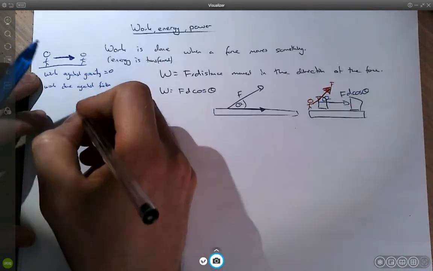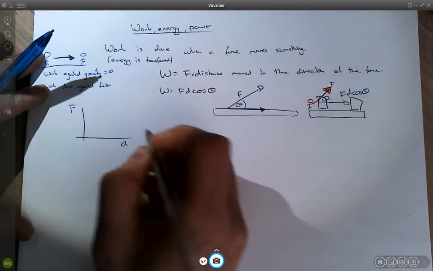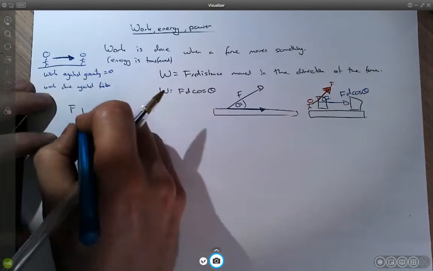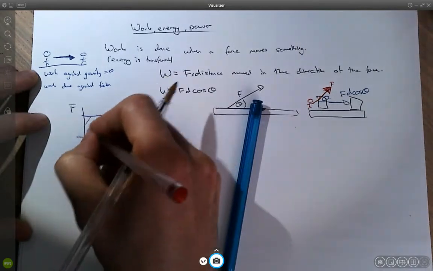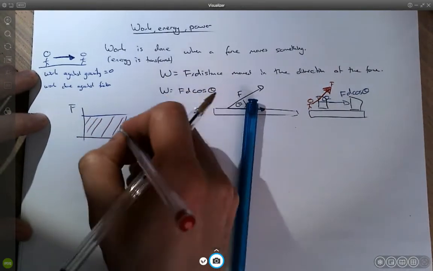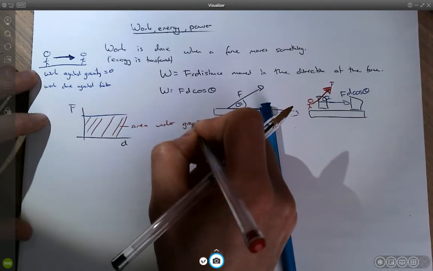Now, this might be expressed on a graph, force against distance. Here's a constant force. Why is this important? Well, the area under the graph represents the work done.